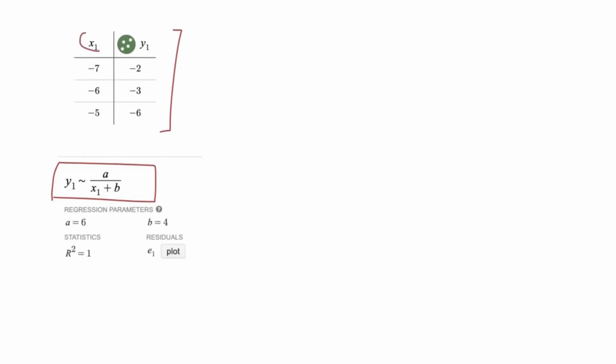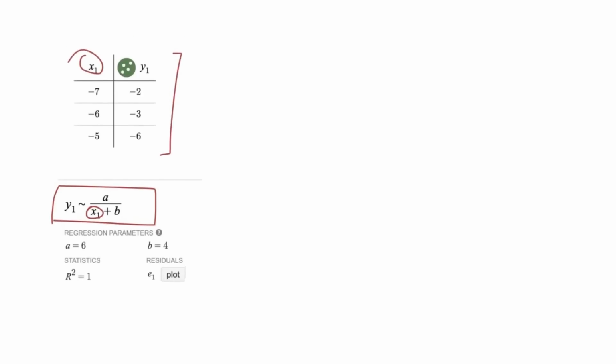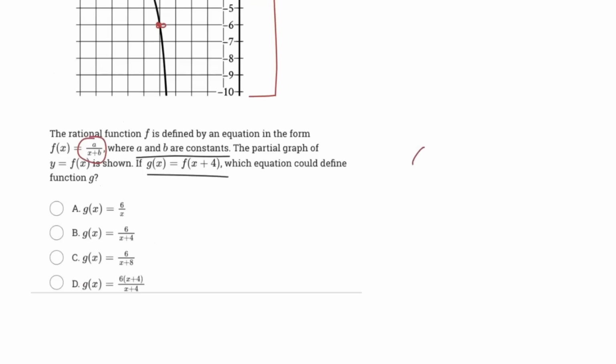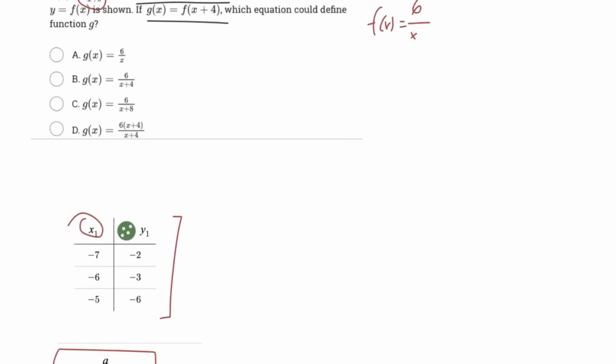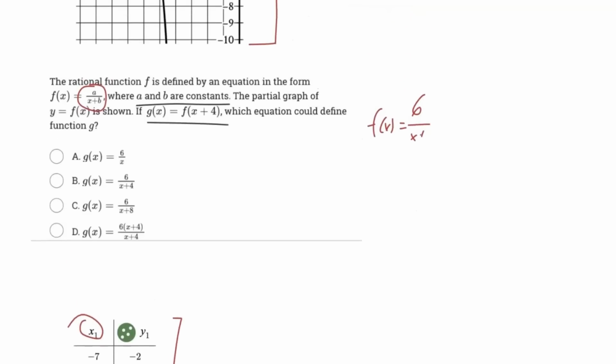And because we called it x1, we'll have to identify it as x1 here as well. So we can see Desmos does the work for us. We got a equals 6, b equals 4, and therefore we know our equation now is f of x equals 6 over x plus 4. All right, so that's cool.